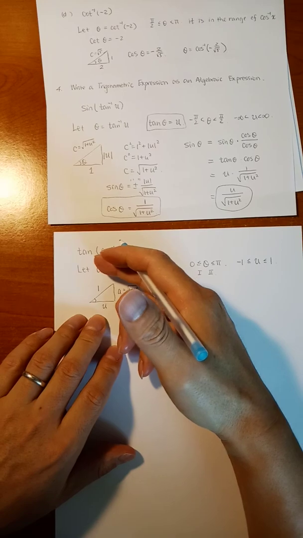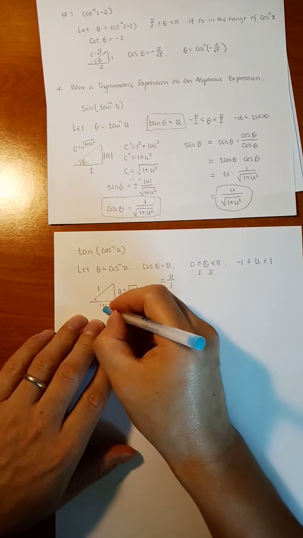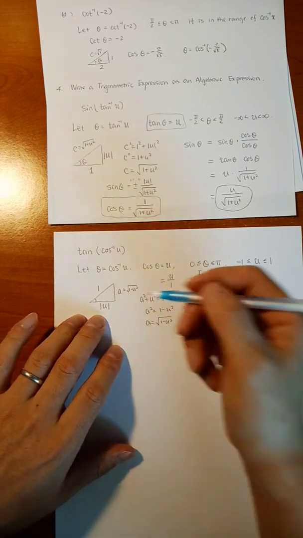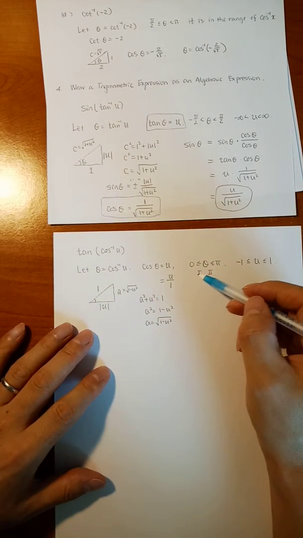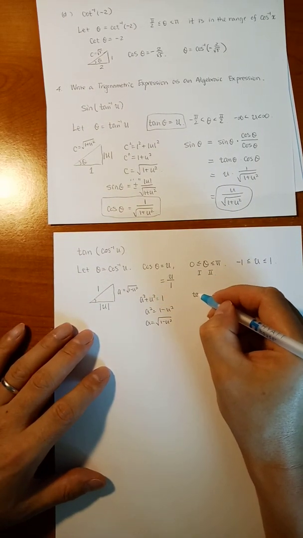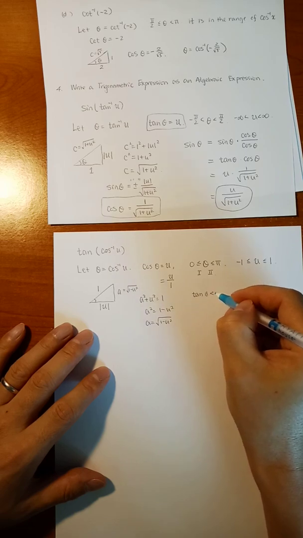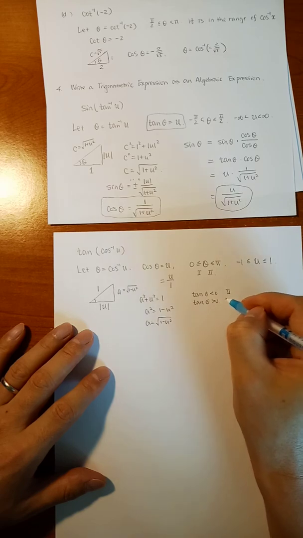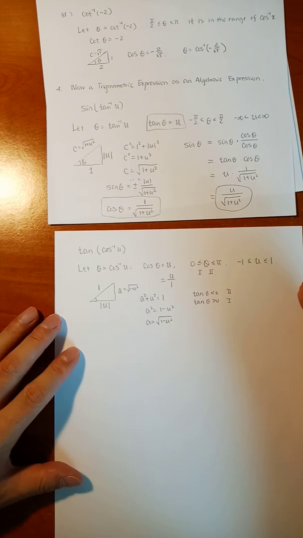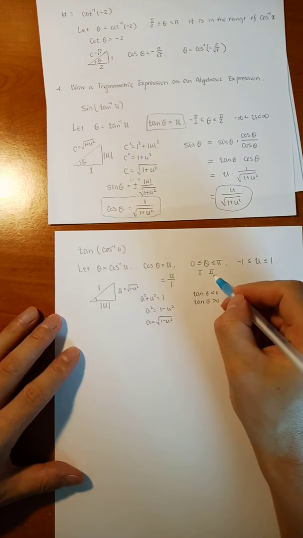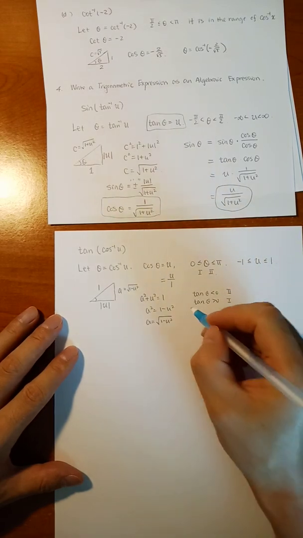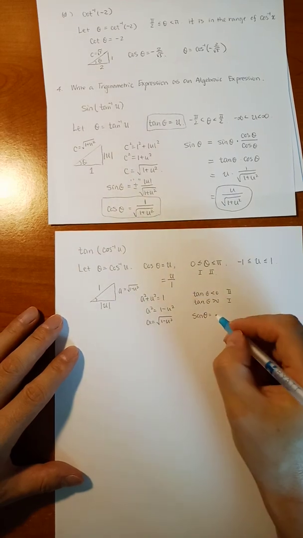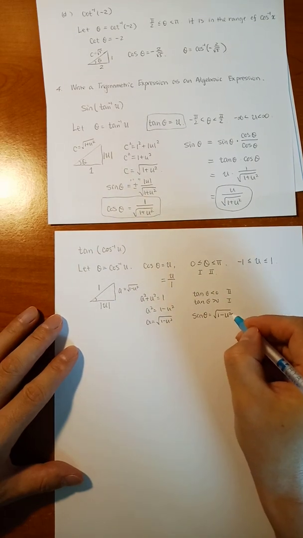You want tangent? Here you have to put opposite value because you don't know the sign of u. Tangent theta is negative on quadrant 2, positive on quadrant 1. I don't know the sign, but I do know that in the first and second quadrant, sine is positive. Sine is opposite over hypotenuse.